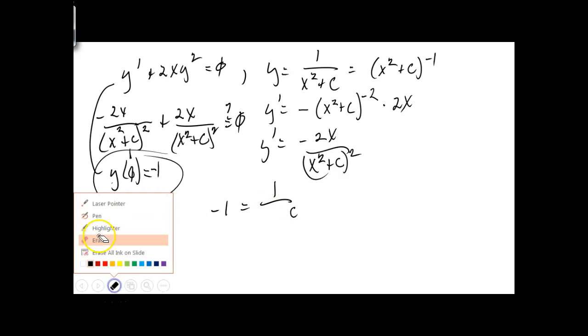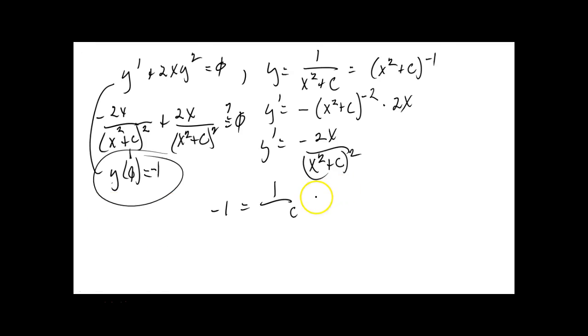So that tells us that negative c is equal to 1, which tells us that c is equal to minus 1. So now we go back to our solution and say y is equal to 1 over x squared minus 1. That would be the solution we have here.